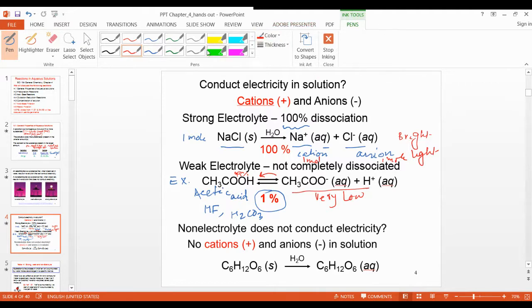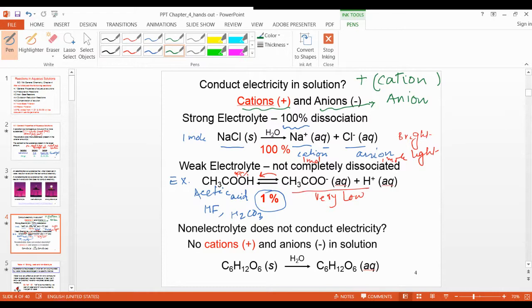Now I will write here. The positive is cation, and the negative is anion, negative charge.